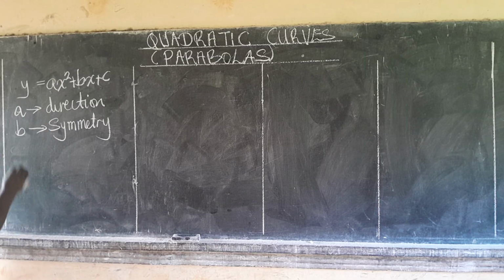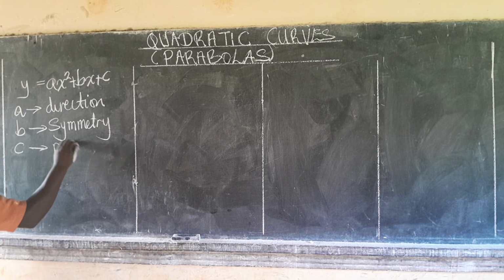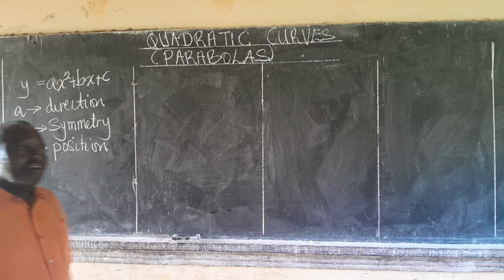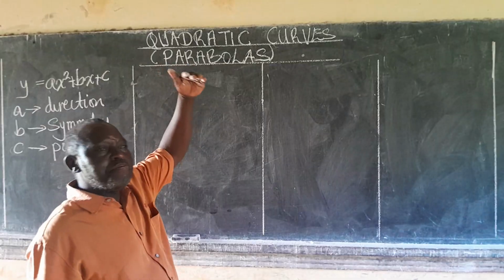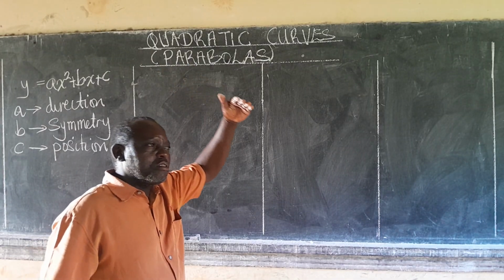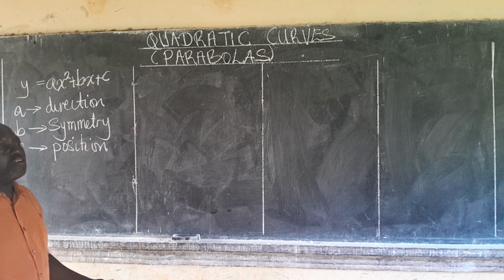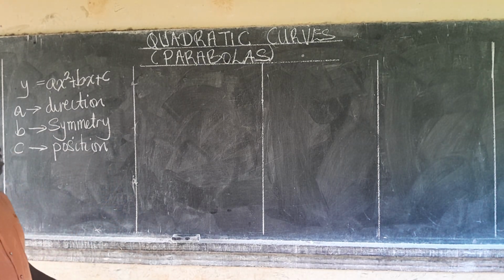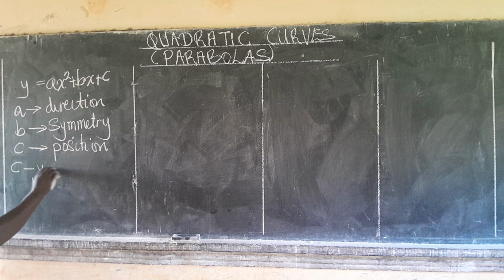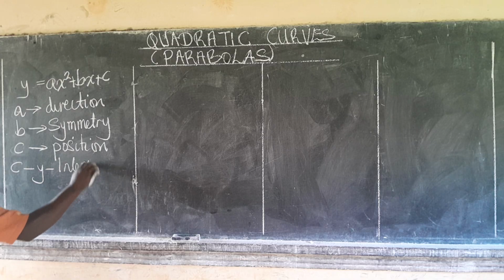Then we have C. C determines the position of the curve, either to be above the x-axis or to be below the x-axis. But still never forget that this C is still again the Y-intercept.